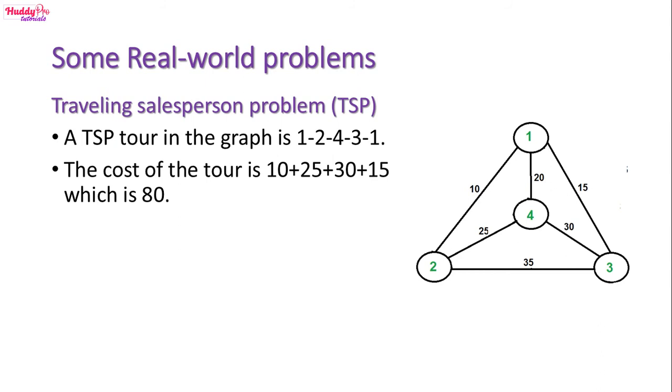So you see that that cost is not the best one. It is not the lowest. So the other is the lowest cost, and that's the traveling salesperson problem.